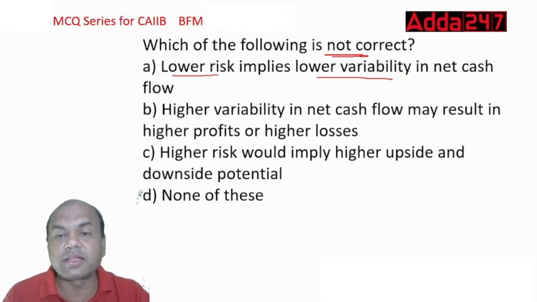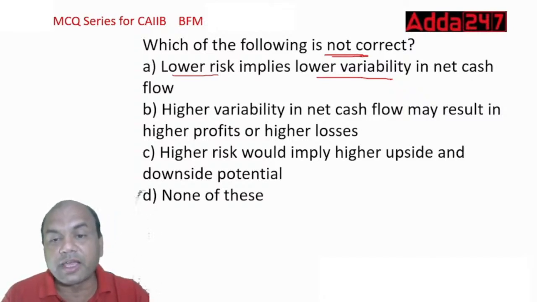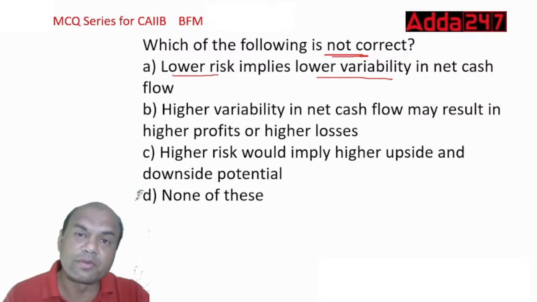Higher variability in net cash flow may result in higher profits or higher losses. Higher risk would imply higher upside or downside potential, and none of these. So first one, lower risk means lower variability. That is true. Why?